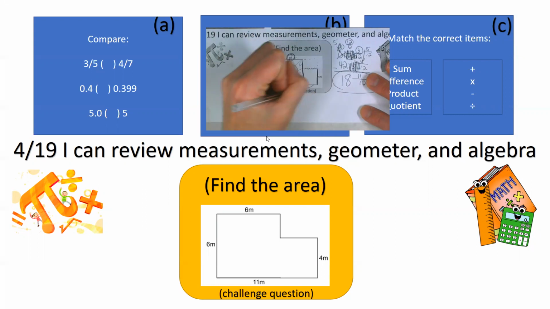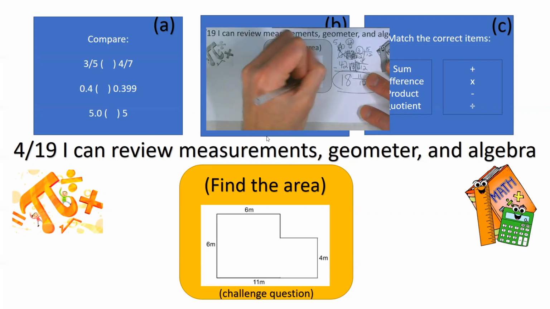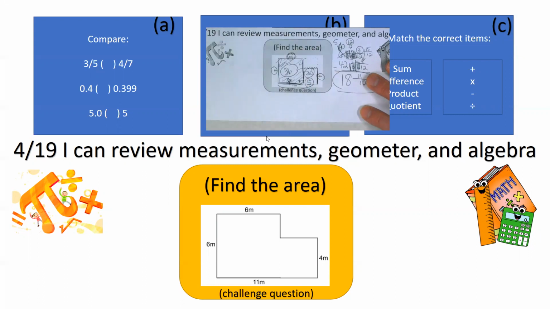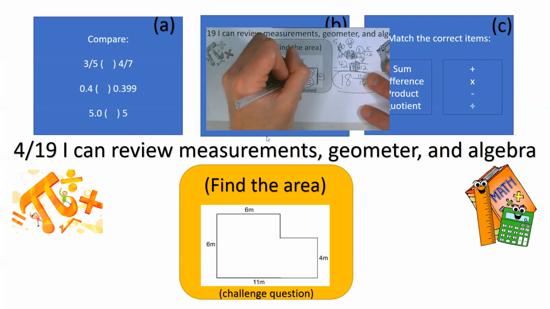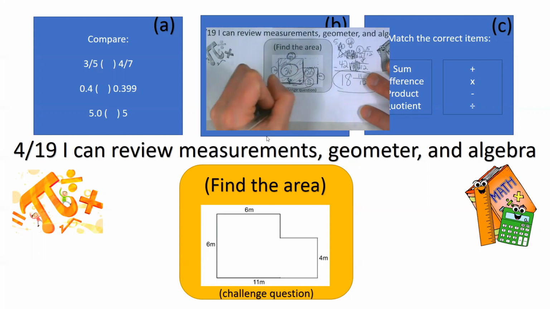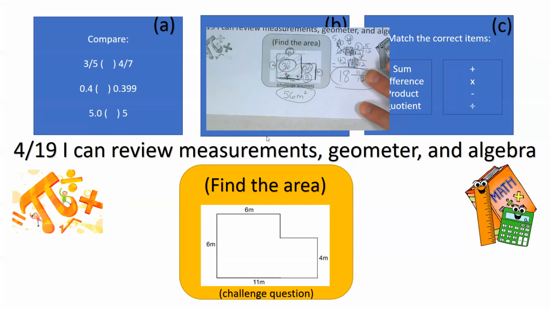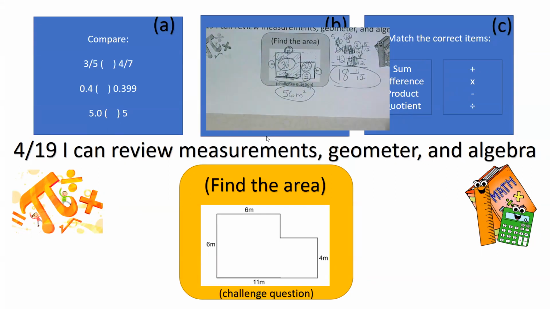Oh, this whole thing's 11, so 6 plus what is 11? 6 plus 5, so this is 5. 5 times 4 is 20, so that is 20. So if this is 20 and this is 36, the whole thing is 56 square meters. 56 meters squared. And those are your challenge questions for today, folks.